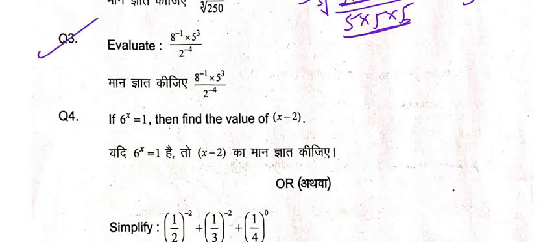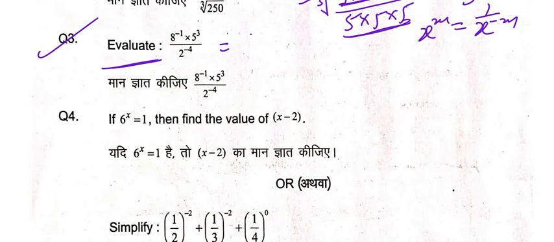Question number 3 is given: evaluate. This is a question of exponents and radicals. You all know that x to the power m can be written as 1 upon x to the power minus m. So minus will be plus and plus will be minus when you write the reciprocal. So what can we write? We can write 5 to the power 3 into 2 to the power 4. We will take 2 to the power 4 in the numerator and take the negative in the denominator, it will be positive, it will be 8.